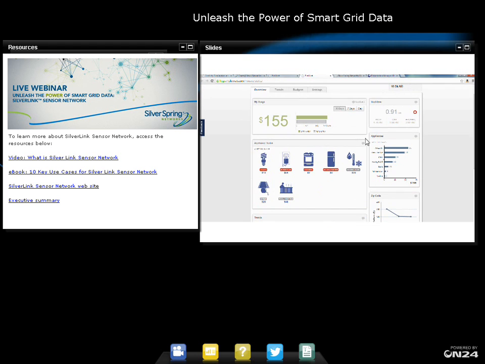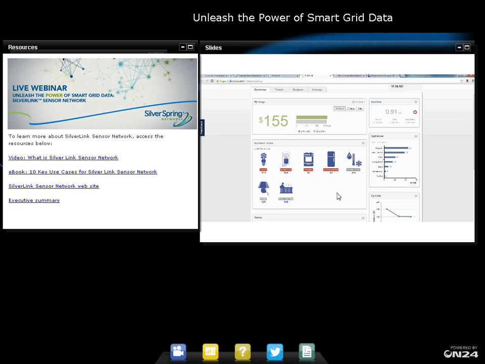So this is a partner application that PlotWatt built in partnership with our data. And you can see that it's actually broken out the amount that it costs for every appliance in his home. You can see that his hot tub costs him about a third of his total monthly bill. That's $48 out of $155 over 30 days.